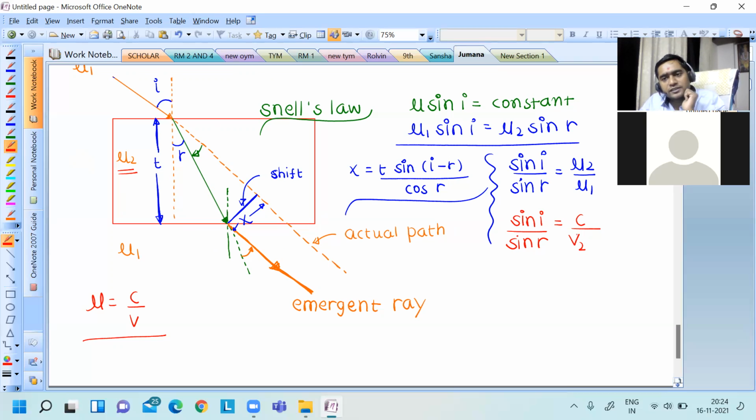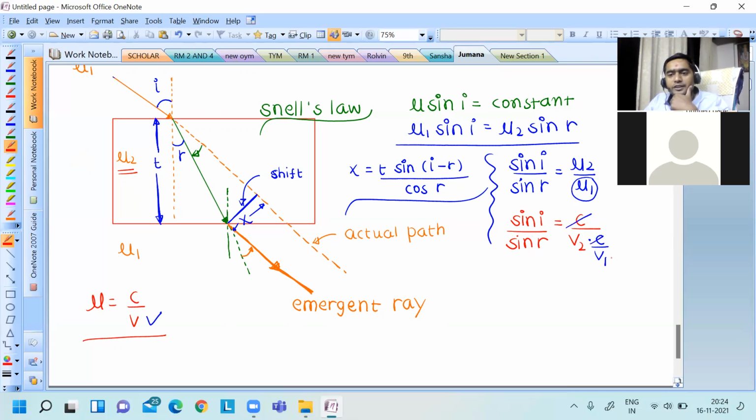So can I consider this c over v2? Yes. And for this mu1, it will be c over v1, because for mu1 I can again use the same formula, mu equals c over v, but since it's the first medium, I'm just denoting it as c over v1. So both c's get cancelled.